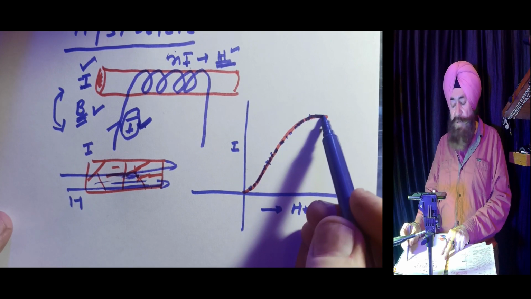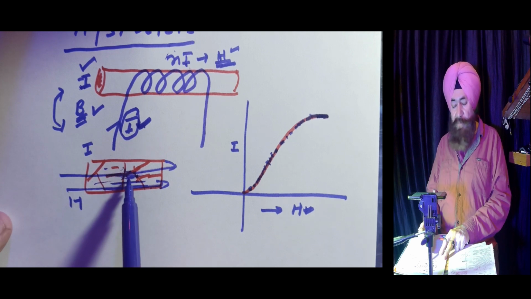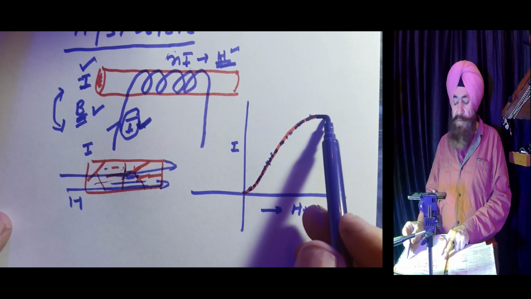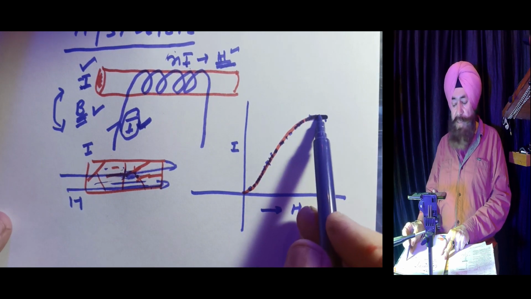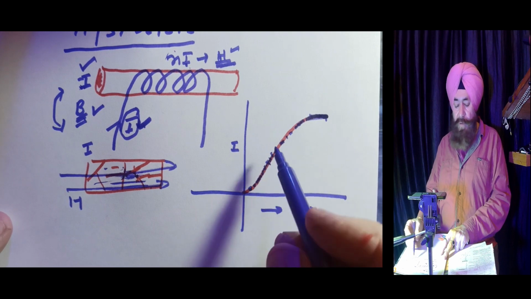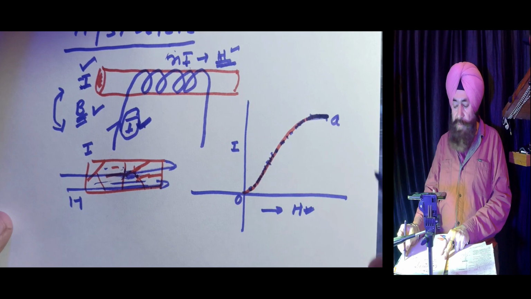But a stage is reached when magnetization becomes constant, because the domains have all been aligned. There is no further alignment possible. That's why it is a saturation. So this is the graph from O to A.